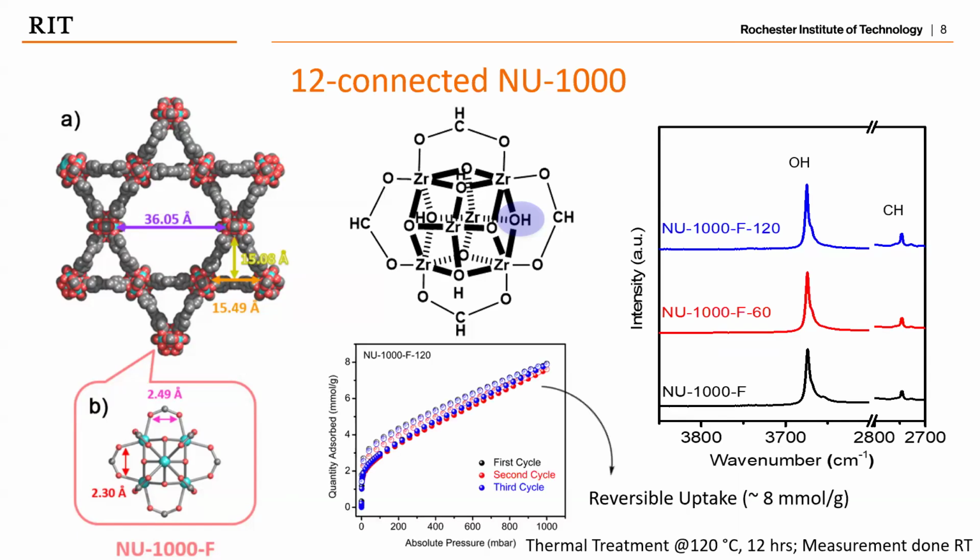Then we did the ammonia isotherm at room temperature, and we can repeat the isotherm at least 3 times. That means we did not lose any capacity from the first cycle to the second, which indicates the ammonia capture is reversible.